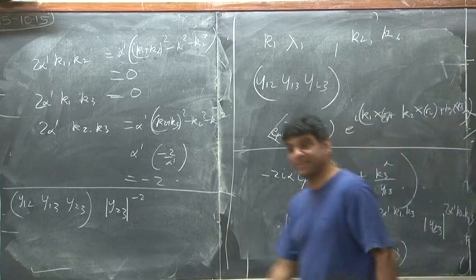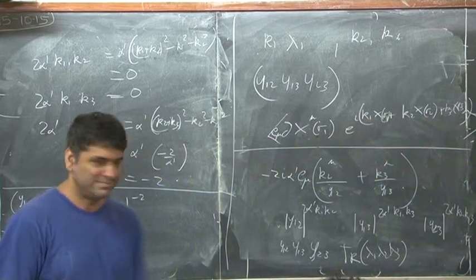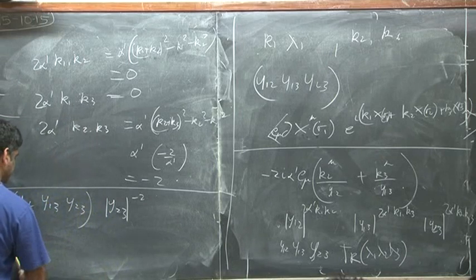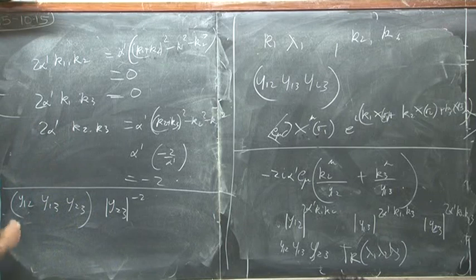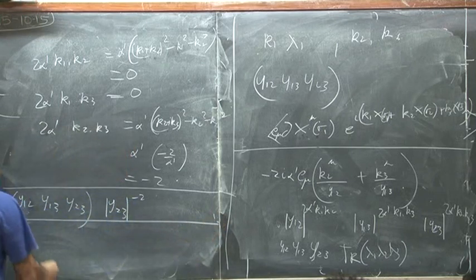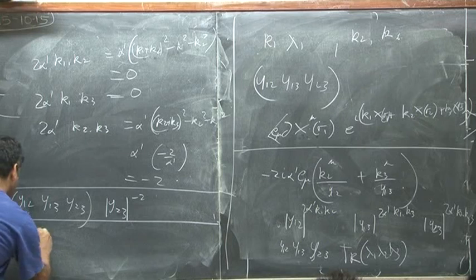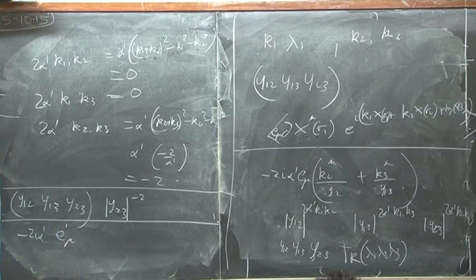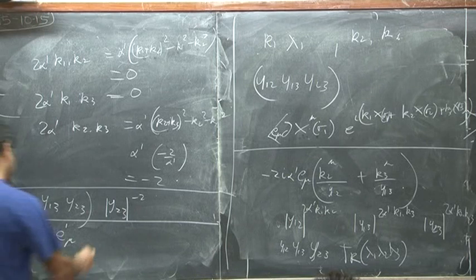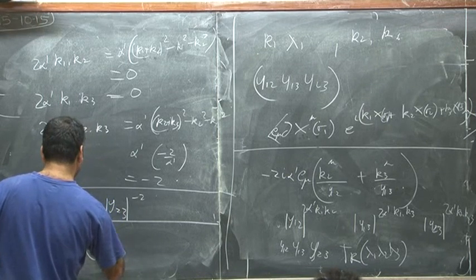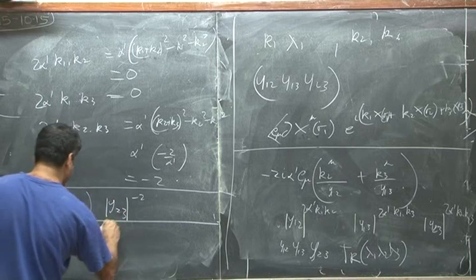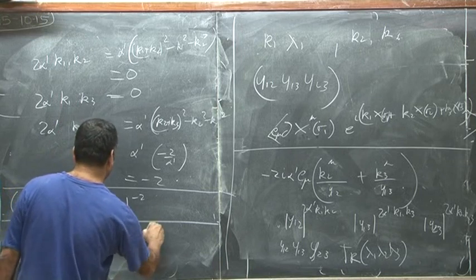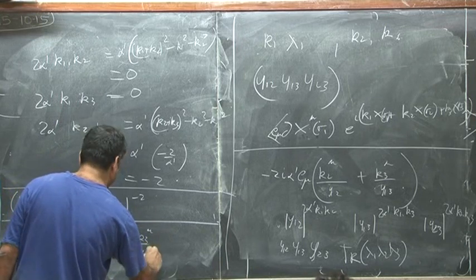So let's look at that stuff. So this is minus 2i alpha prime E1 mu into K2 mu by y12 plus K3 mu by y13.